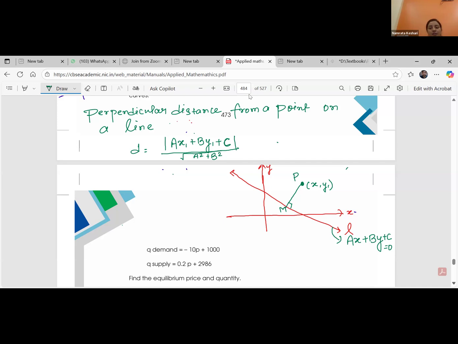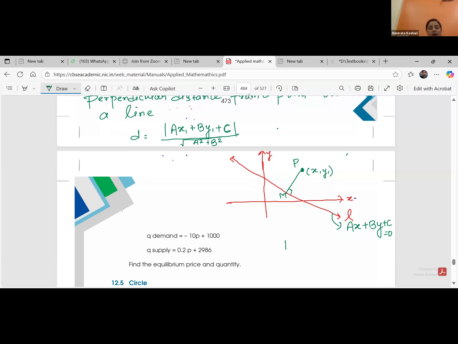In case you are having a straight line whose equation is, let's say, 2x plus y is equals to 5, and there is a random point whose coordinate is, let's say, 5, 7.